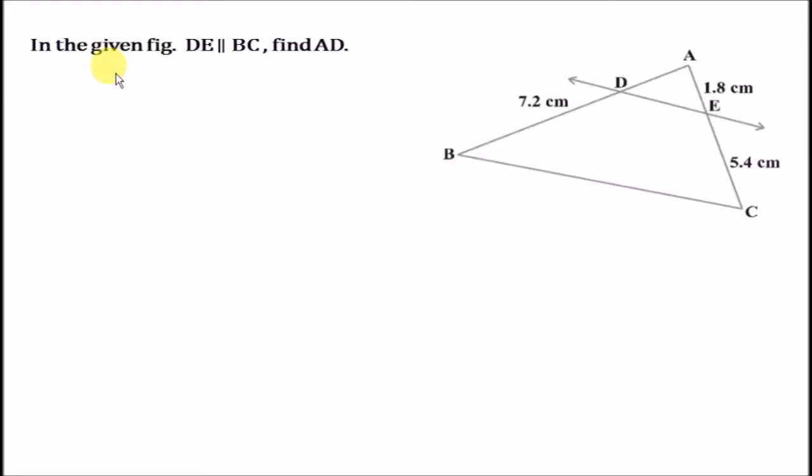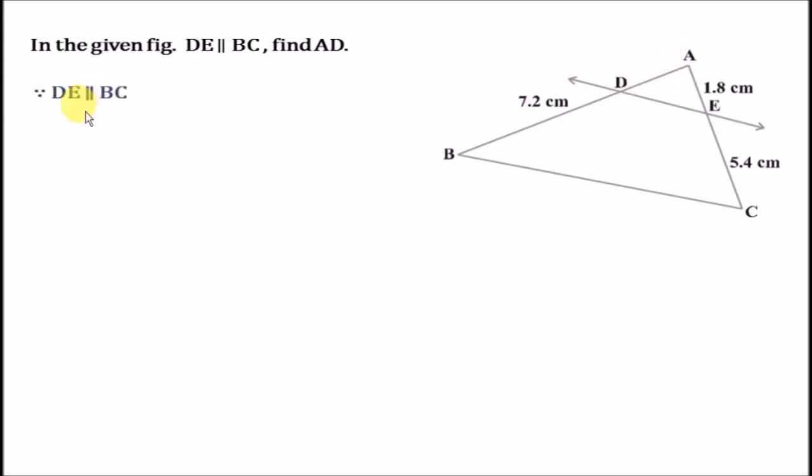The first question. In the given figure, DE is parallel to BC. We need to find the length of AD. Here, DE is dividing the line segments AB and AC into four parts. AE equals 1.8 centimeter, EC equals 5.4 centimeter, DB equals 7.2 centimeter, and we need to find the length of AD.